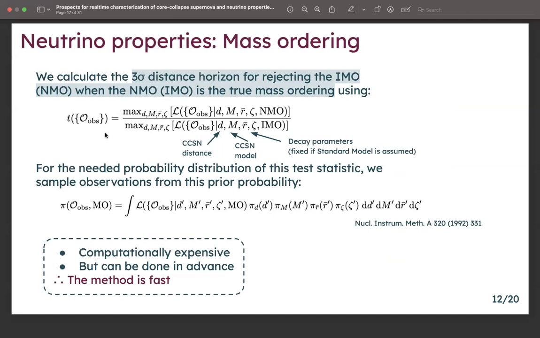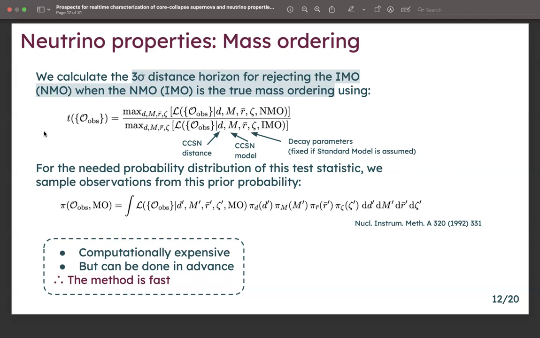Depending on the distance of the supernova, the rejection p-value will vary, which is also equivalent to some number of sigmas. So what we want to see is what distance corresponds to 3 sigma, and this is what I will show you on the next slide.